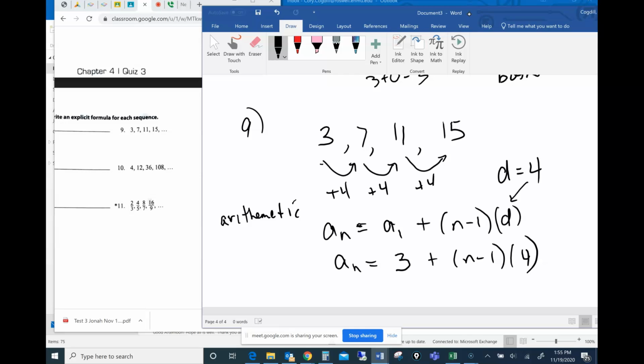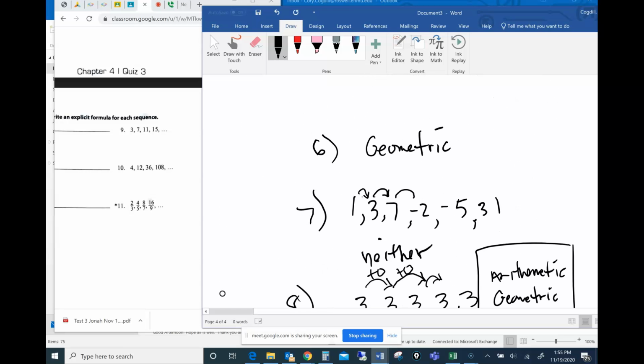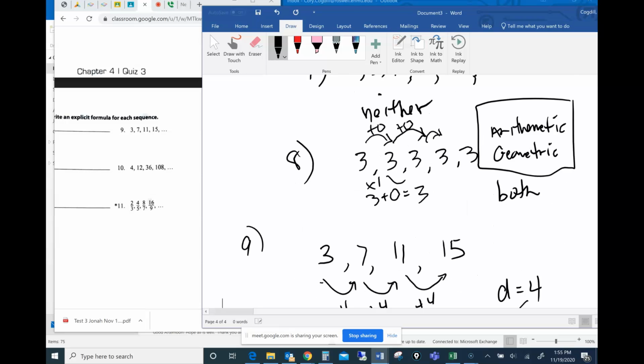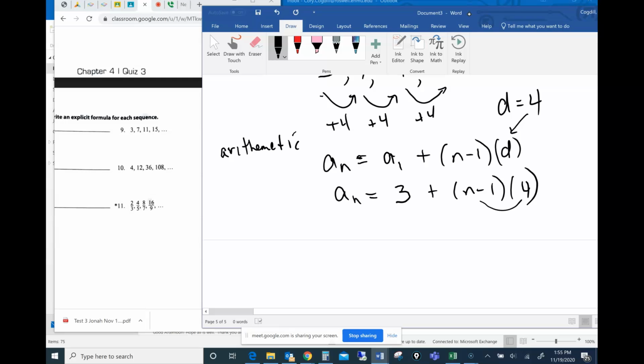Okay? Now, there is a step further you can go with this if you wanted to. Sometimes they ask you to simplify. And you could go ahead and distribute out the 4. So 4 times n and 4 times minus 1, you get 4n minus 4. And then let's add these two numbers here. 3 minus 4 is minus 1.